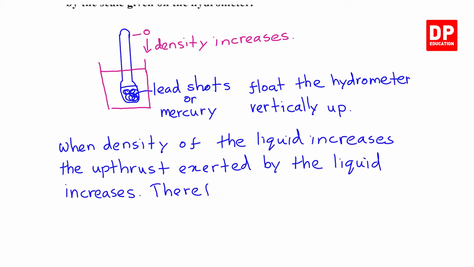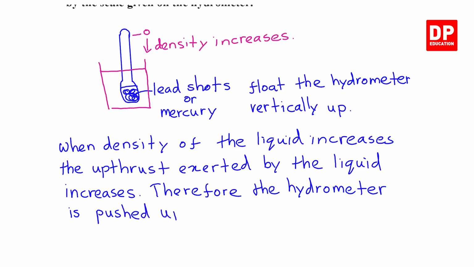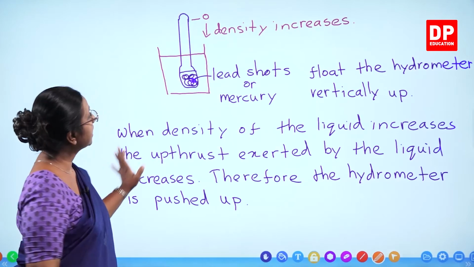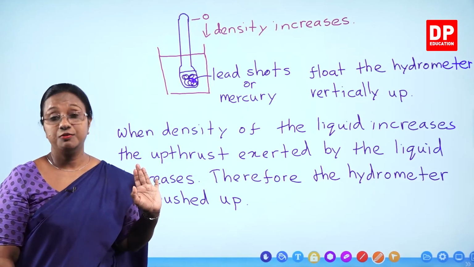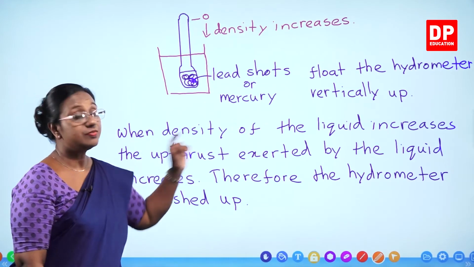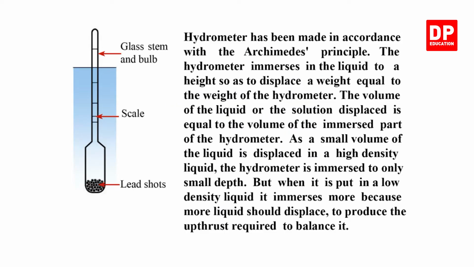Therefore, the hydrometer is pushed up. So, that is how the hydrometer works. This is again based on the concept of flotation. With that, students, we will move on to the next slide.